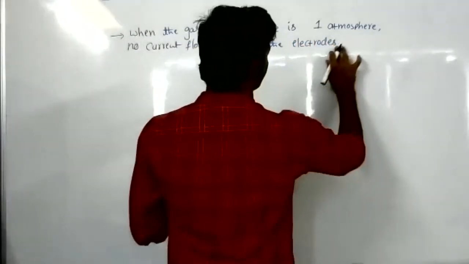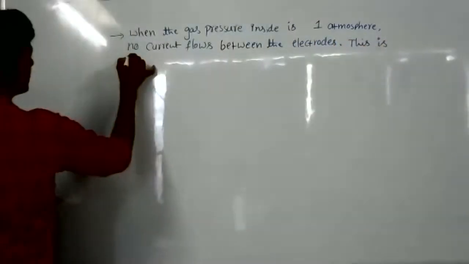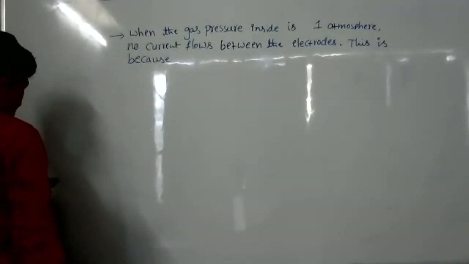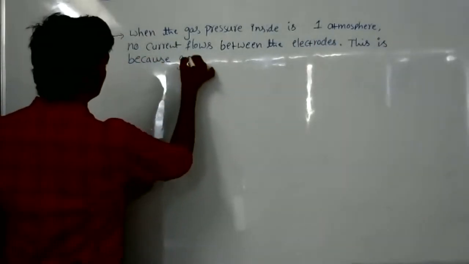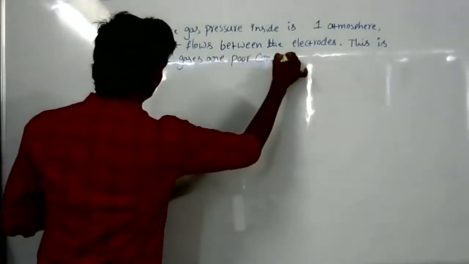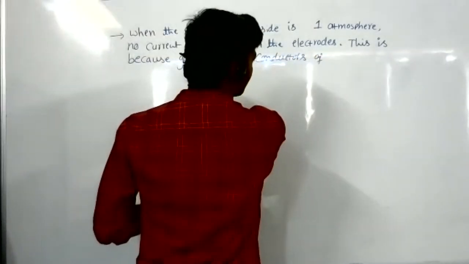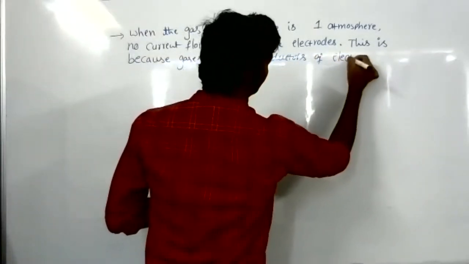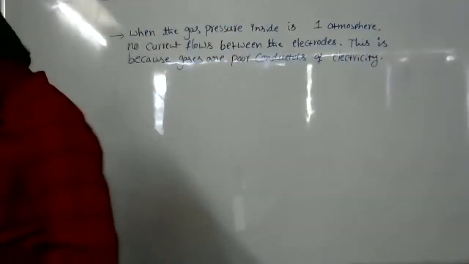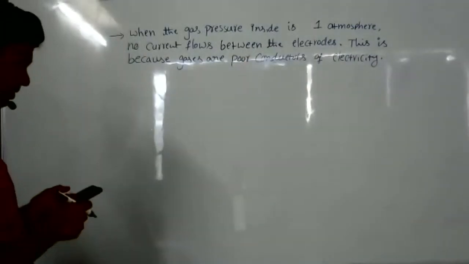This is because gases are poor conductors of electricity. That's why, if we have 1 atmospheric pressure, electricity does not flow between the electrodes.